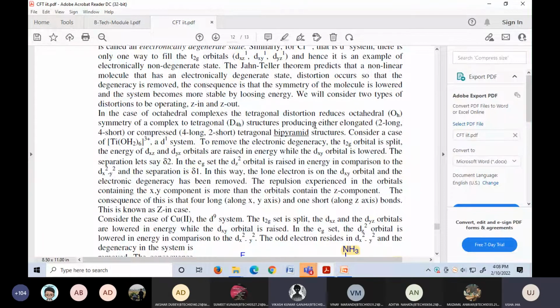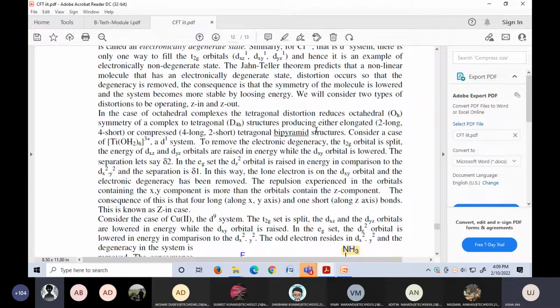So what do we call them? Instead of a completely octahedral symmetry, what we are getting is a tetragonal bipyramidal structure. And in that bipyramidal structure, we can either have 2 long and 4 short, meaning Z out phenomenon, or we can have a compressed one wherein you have 4 long and 2 short, that is a Z in phenomenon.